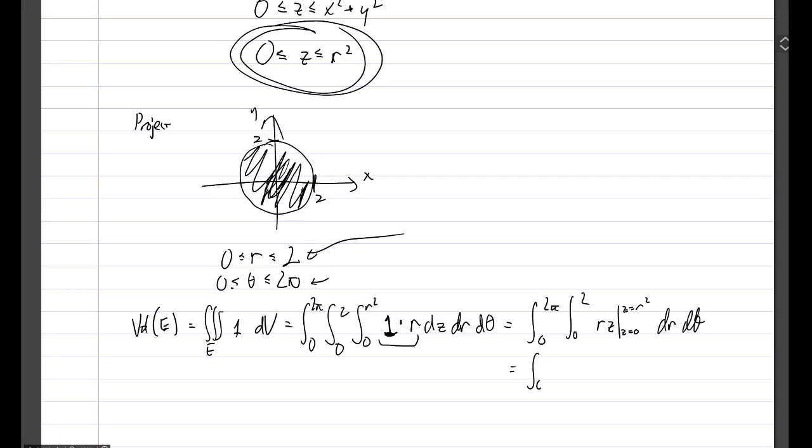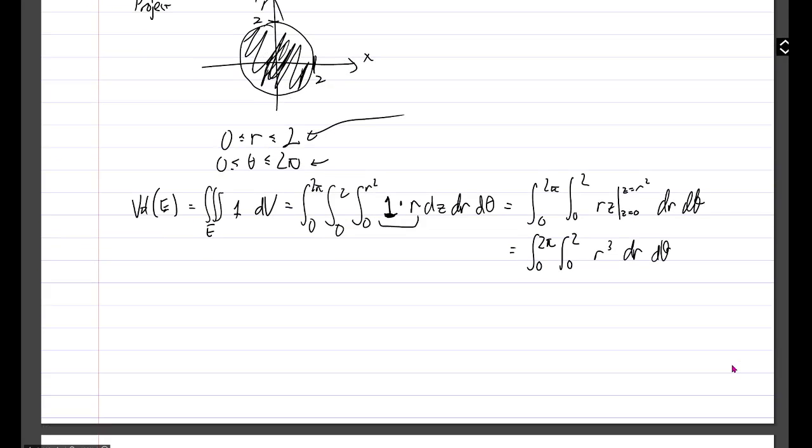Then we clean that up: 0 to 2 pi, integral 0 to 2. Plugging in 0 means we don't get anything there, so we plug in r squared. We end up with r cubed. So we just need to integrate r cubed dr d theta.